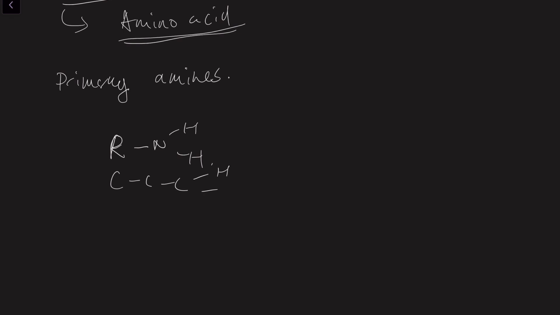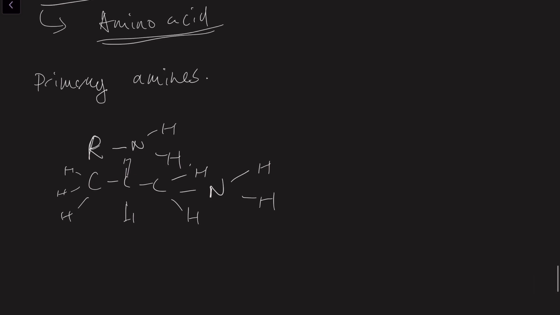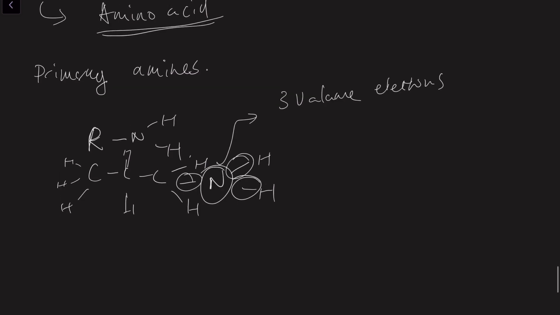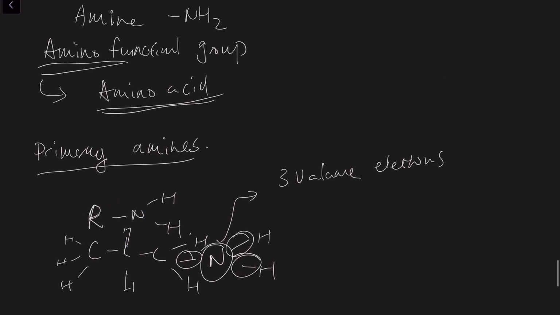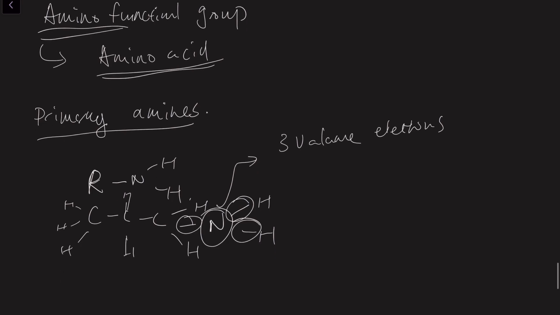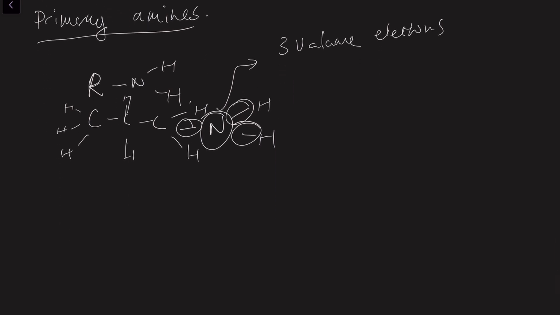Essentially you replace one of the hydrogens by nitrogen, which is further attached to two other hydrogen atoms, because we know that nitrogen has 3 valence electrons, so it wants to form 3 covalent bonds. And the definition for primary amines is different from the definition of primary alcohol.